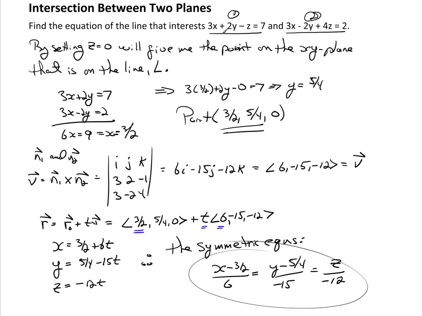So that's where the 3, 2, negative 1 came from, and the 3, negative 2, 4 came from. So since L actually lies on both planes, we know that it has to be orthogonal to the normal vectors for both planes. And that would give me a direction vector, because finding this cross product gives me a vector that is orthogonal to both of these vectors. So that means that v has got to be my direction vector. And then from there, I just use the vector equation for a line and start substituting in values.